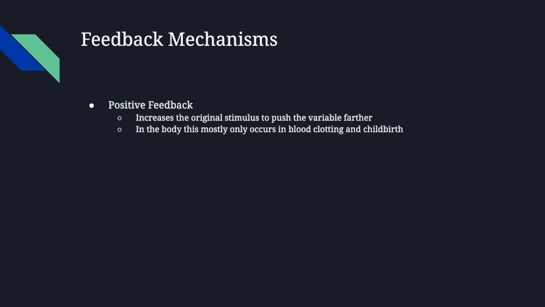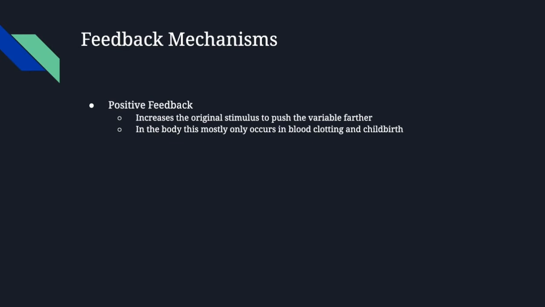Positive feedback is a bit different. It's going to increase the stimulus to push conditions further from normal. With positive feedback, that only happens in a couple instances in our bodies. So negative feedback, again, brings you back to normal. Positive feedback pushes you away from normal. Mostly this only occurs in blood clotting.